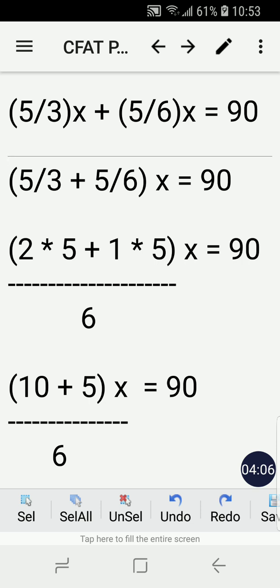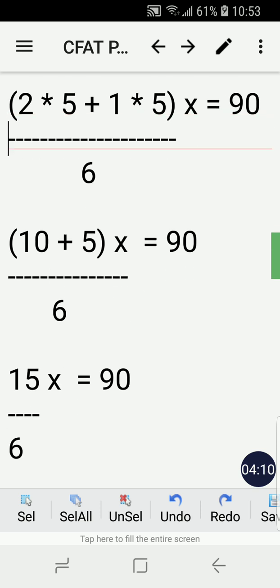We copy the x and the 90. So then we simplify. 2 times 5 is 10 and 1 times 5 is 5. Still x is equal to 90 over 6. So 10 plus 5 is equal to 15 over 6.